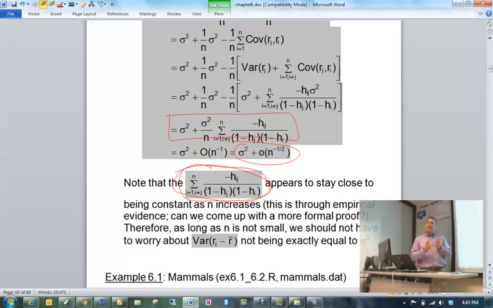And indeed, it is always bounded. It's not going off to infinity or negative infinity. And while that's not as good of a proof as I would like, I was satisfied with it. And so, yes, I'm okay with using Rj minus R bar. I'm going to have a variance that's close to sigma squared. But again, like I said, it's not discussed in the book, and I haven't seen it discussed elsewhere.